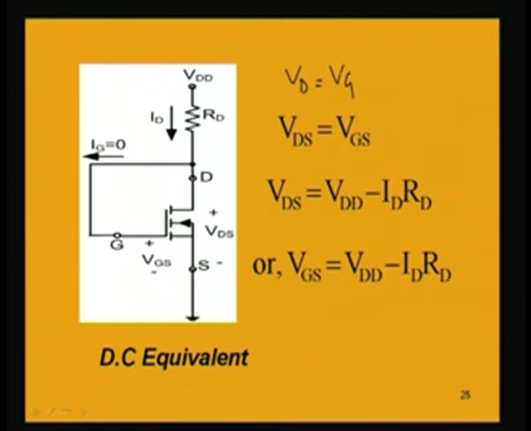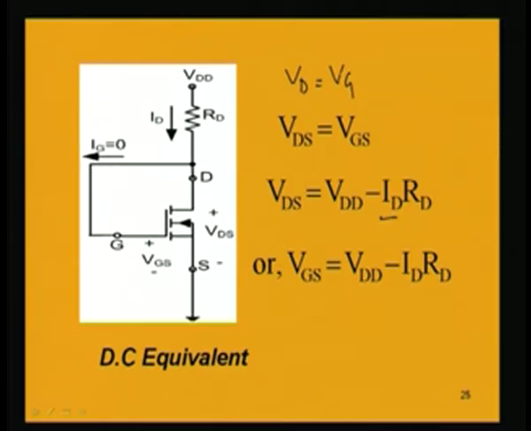Now, what is this drain to source voltage? That is drain to source, having the voltage VDS. So, VDS equal to, applying Kirchhoff's law to this loop, we have VDD minus ID into RD, and mind it, this ID is DC ID. We are having the DC equivalent circuit, so we are having the DC current.